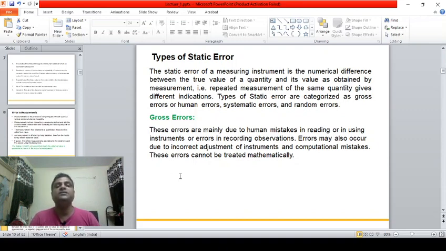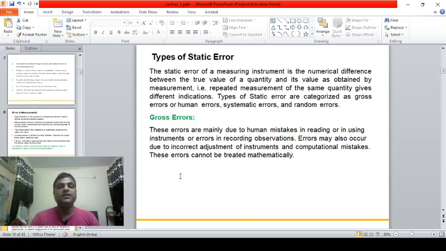First we study the gross error. These errors are mainly due to human mistakes in reading or using instruments, or errors in recording the observation. It means it covers human errors. Human error is error during reading, using or recording.